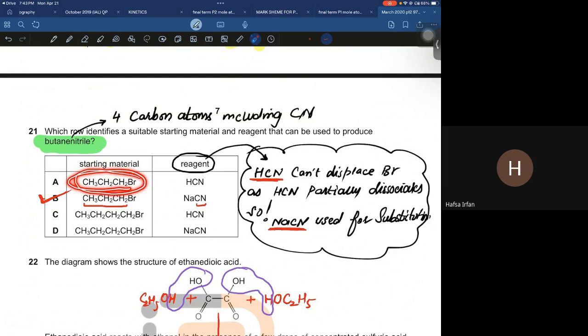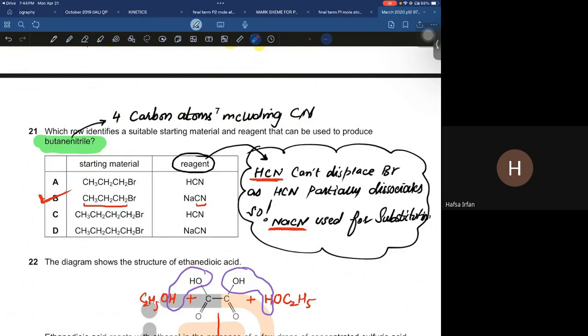It can produce butane nitrile because bromine would be substituted by CN. But the thing is that HCN cannot displace bromine, since HCN is a weak acid and only partially dissociates. It would not give you enough cyanide ions to displace this bromine.